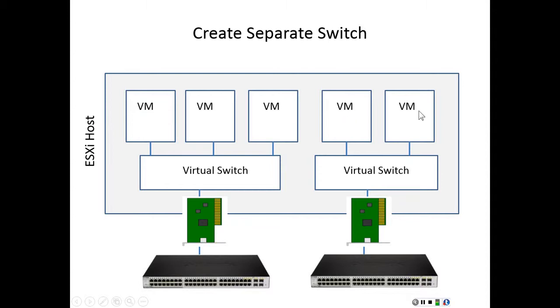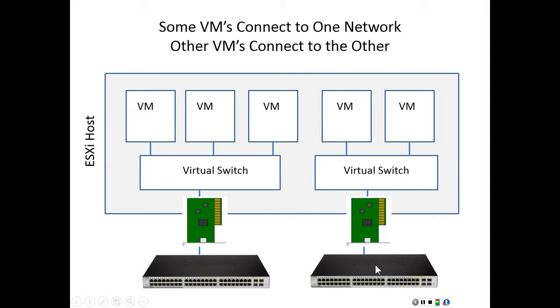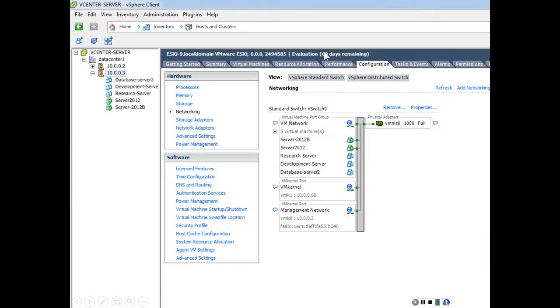And these virtual machines on the right are connected to this second virtual switch, which is connected to this second physical network interface card, which is connected to this separate physical network. So we can see that some virtual machines connect to one network and other virtual machines connect to the other.